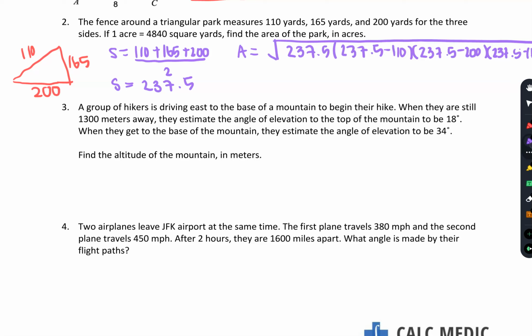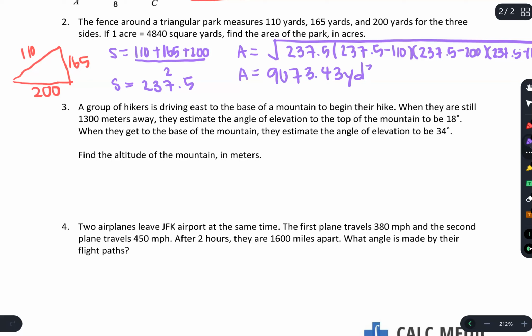I got a big huge number, and then we're going to take the square root of that. Let's see, I got 9,073.43. Did y'all all get that in your calculator? 9073.43 yards squared.